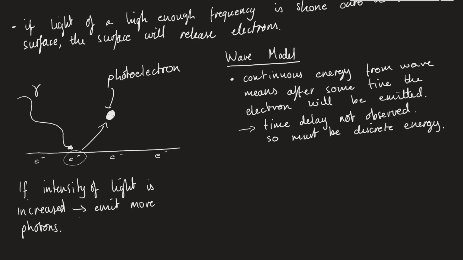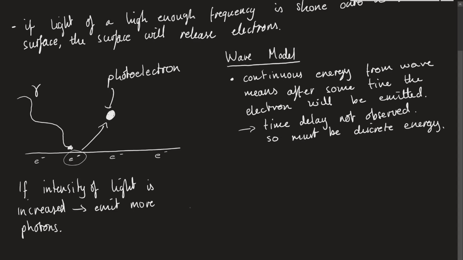And then we can calculate the amount of photons that we're emitting, since we know the intensity, and we'll know the frequency because we can set that to be whatever we want. We can calculate the number of photons, and what we find is that if this energy is sufficient, the number of photons will be equal to the number of electrons.